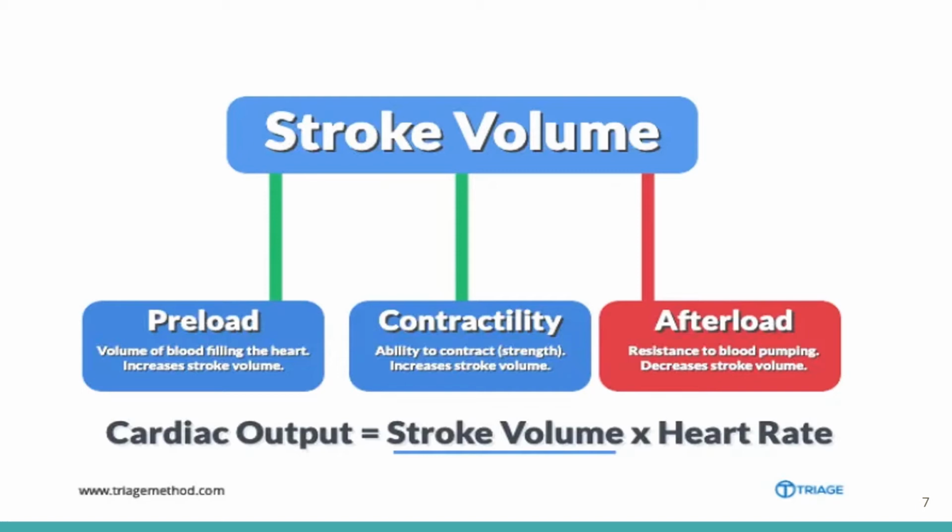Your afterload is the resistance to blood pumping, so if you have an increased afterload, it's going to decrease your stroke volume because you have too much resistance to push against. And your contractility determines the strength of the contraction.